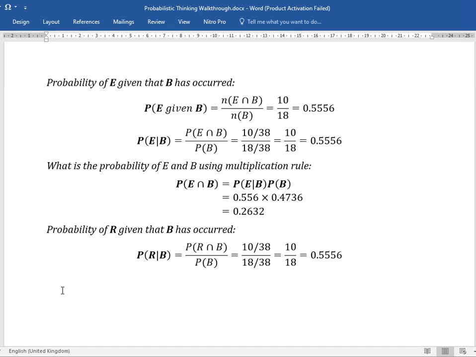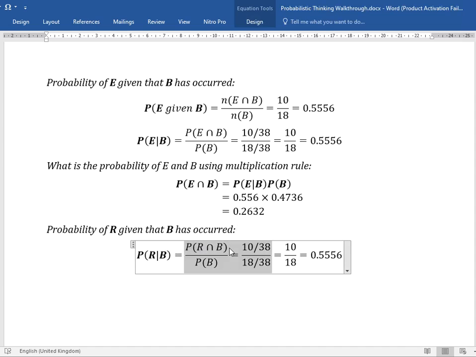Probability of red intersection B, it will be zero because there's no element of red contained in B. There's no element of R contained in B. Then that will be zero over probability of B. Zero over what? Over the probability of the black, which will be zero. Okay. So that's it.